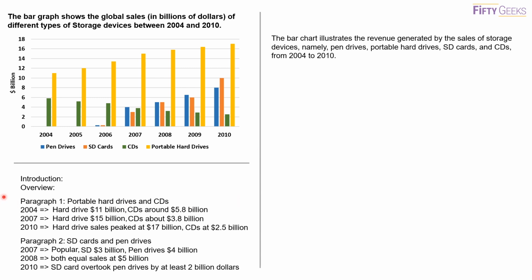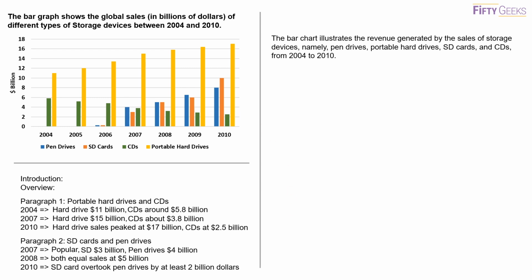Then I will write the overview of the bar chart. It should be the most noticeable feature that we are seeing on the chart. As we can see, sales of hard drives, pen drives, and SD cards increase every year, but only the sales of CDs decrease year after year.